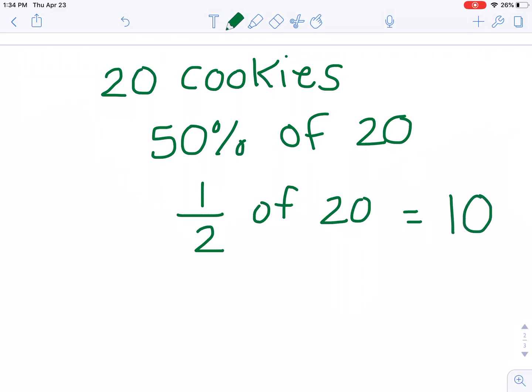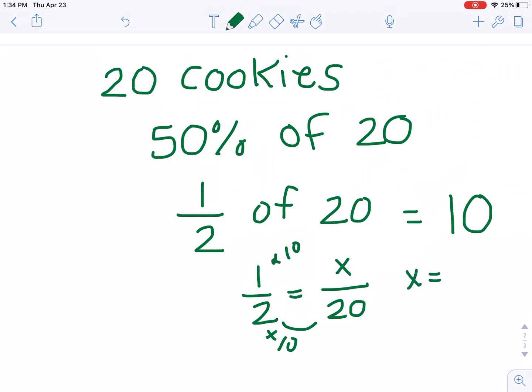But if you needed to look at this as an is over of problem, 1/2 of, okay, how many times does 2 go into 20? That would be times 10, so you do the top times 10. X equals 10. So this can be an is over of, but for things like a half, that's just really simple.